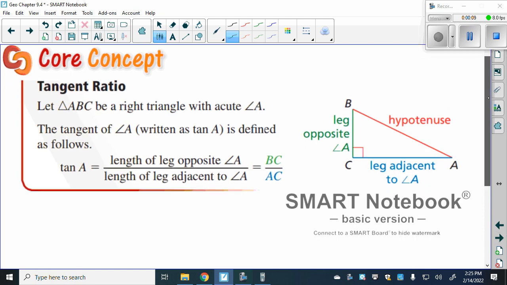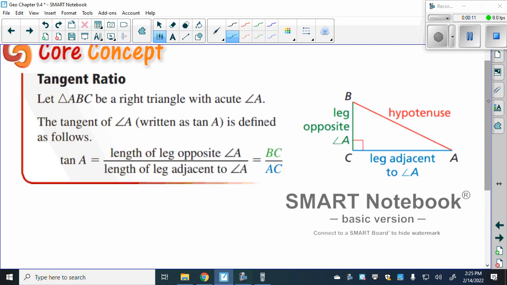What we're looking at today is tangent, the third of the trigonometric functions that we're going to look at. Last Thursday and Friday, we looked at sine, cosine, and tangent. Sine was opposite side length over the hypotenuse.